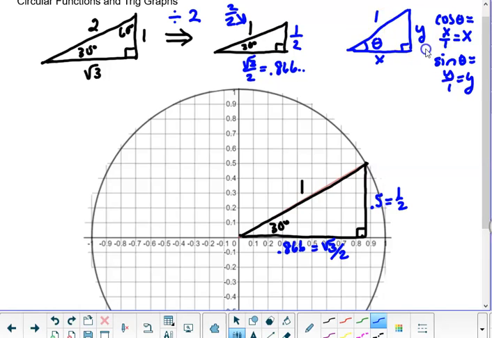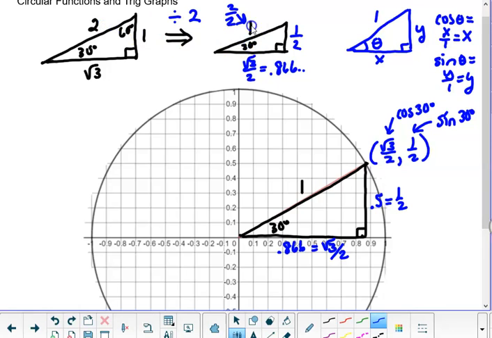I'm writing in this corner here because I'm going to be needing some space right here. So when I label these points, and I'm going to label them as square root of 3 over 2, 1/2, the x-coordinate is just going to tell me the cosine value. This is cosine of 30. And the y value is going to tell me the sine of 30. Because if I go back to my original triangle, sine of 30 is 1 over 2, cosine of 30 is square root of 3 over 2.